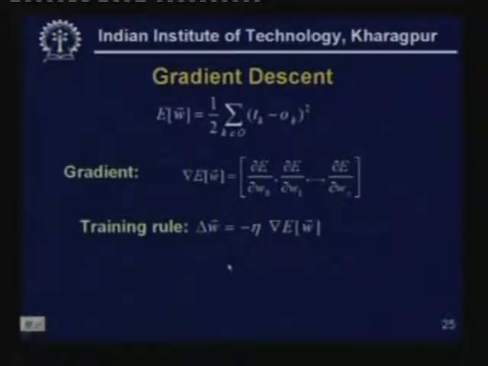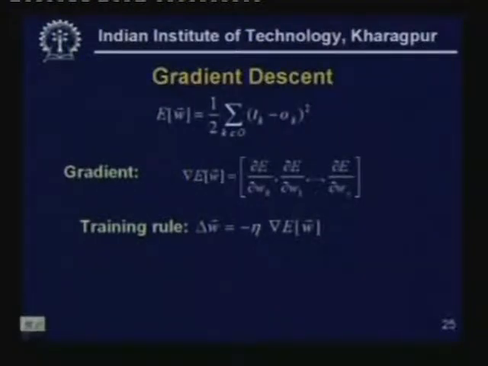Now, our training rule will be to change each weight towards the negative direction of the gradient vector, so that we can descend the error surface. That is, delta W, where W is the weight vector, is equal to minus eta grad E(W). So, grad E(W) is this quantity, which is the vector of partial derivatives of the error.